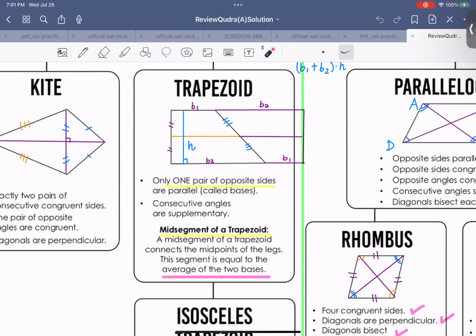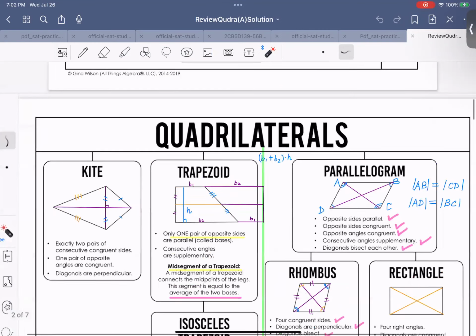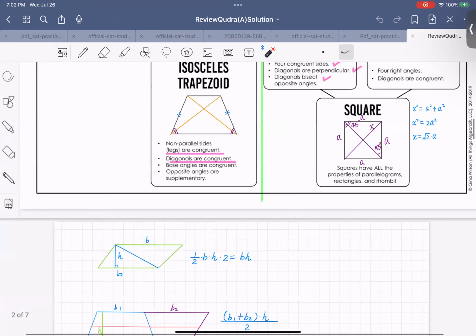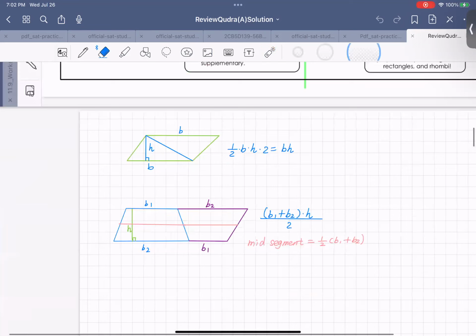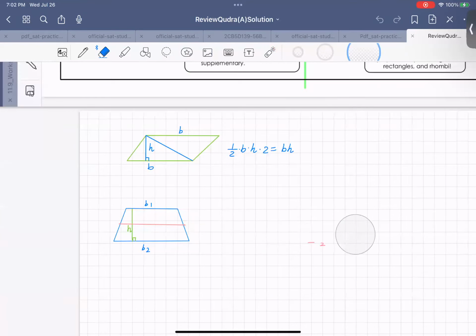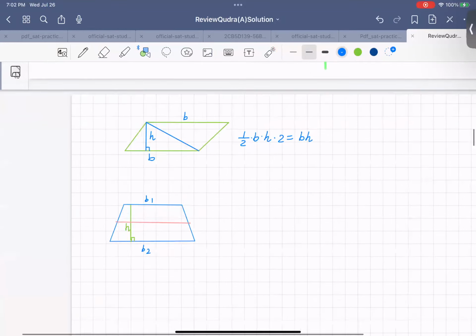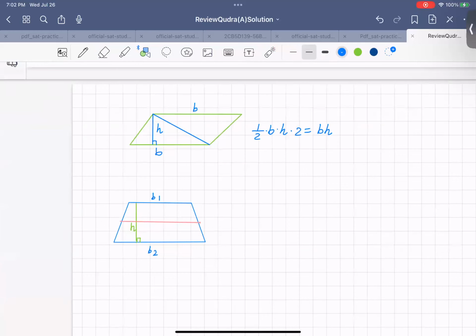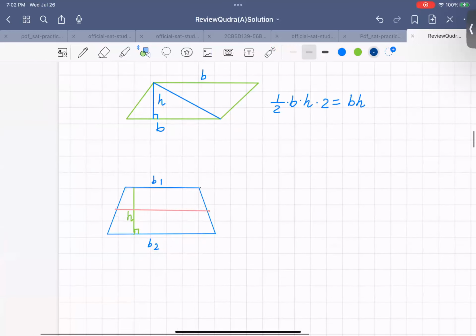And the interesting thing about this, let's figure out the trapezoid area calculation. See here, this is B1, this is B2. If we don't know how to get this, we can duplicate.